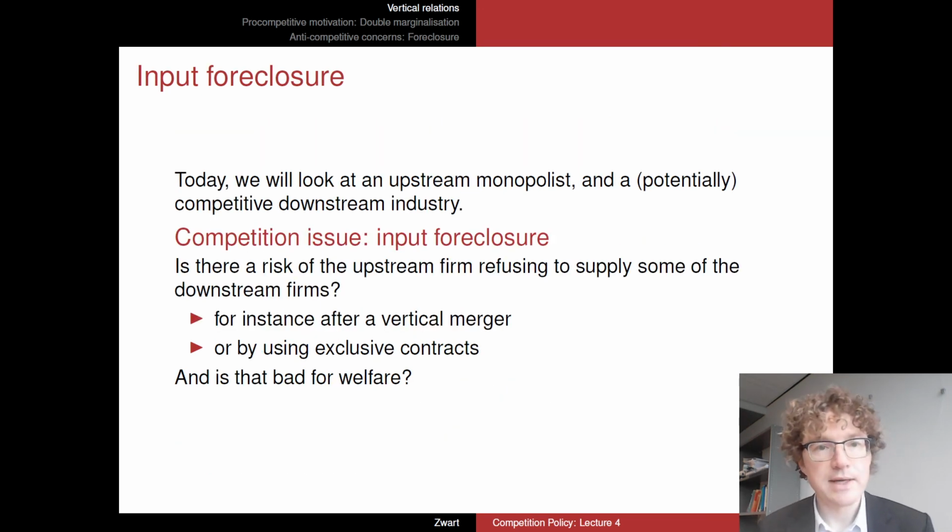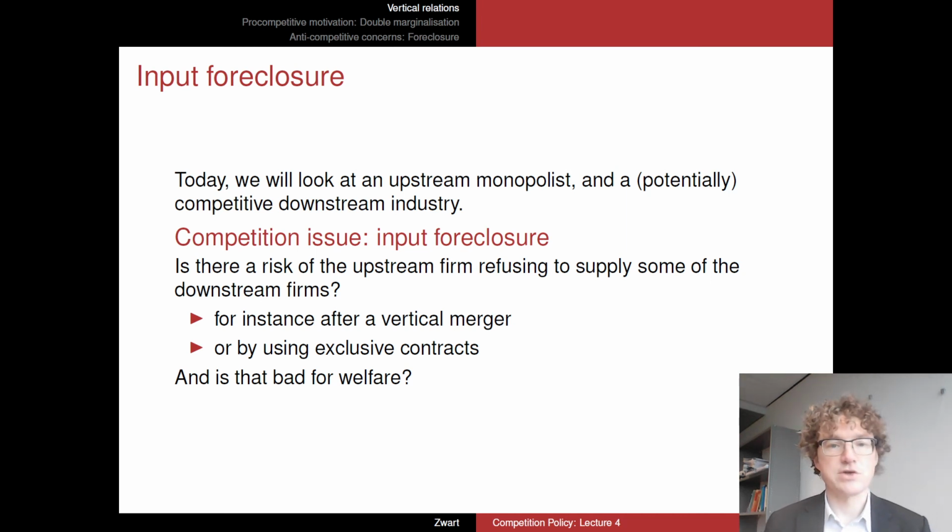So particularly we'll be looking today at input foreclosure. What that means is that we'll have an upstream monopolist, so the manufacturer will be a monopoly manufacturer, and there might be a downstream industry which is at least potentially competitive. So there are multiple firms there which might all be active and which might all sell this upstream monopolist's good to the downstream consumers.